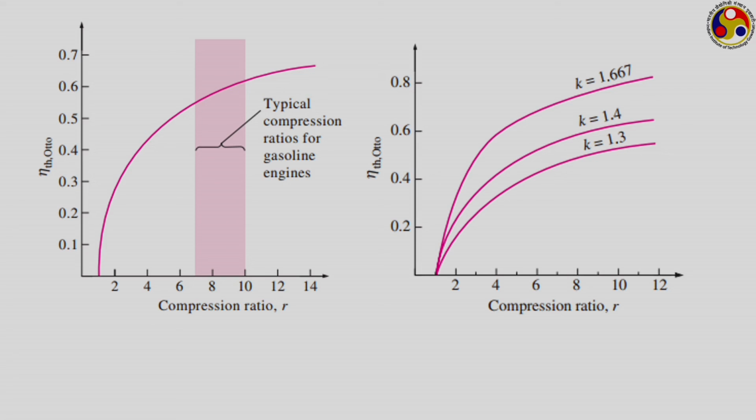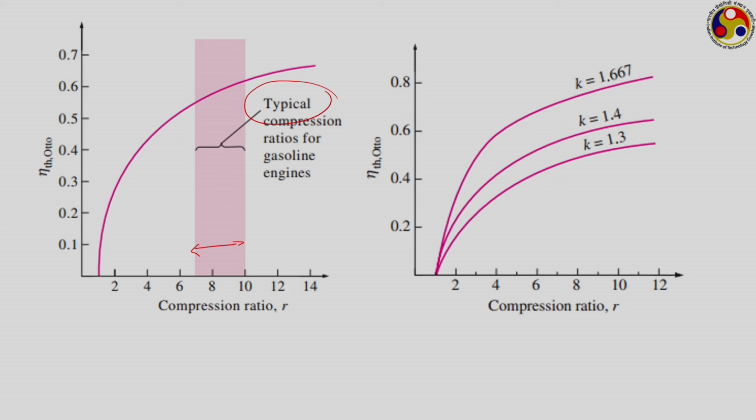Now, you can see here I have given a range of typical compression ratios for gasoline engines. If we can get higher efficiency by working at a higher compression ratio, then why are we not going for such very high compression ratios, why are we restricting it to such a narrow band, something like 7 to 10 as shown here.